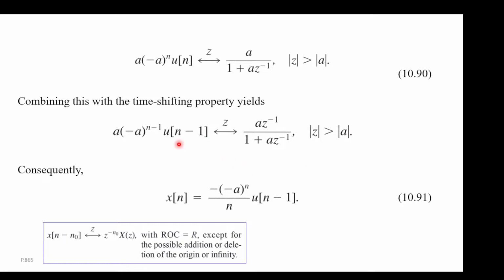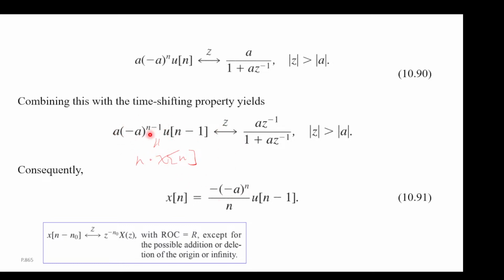We know this is equal to, from the previous slide, let's copy here, n times x of n. What we actually want is this x of n, so we divide this whole thing by n. So x of n is just this whole thing divided by n, and we clean up a little bit.